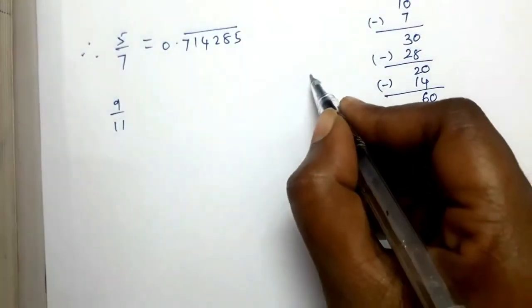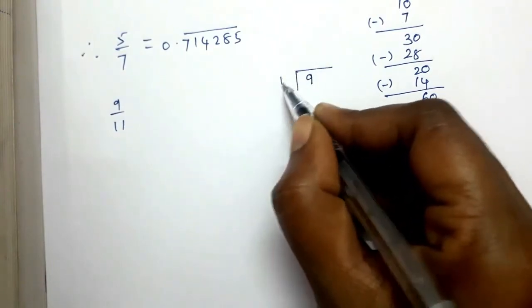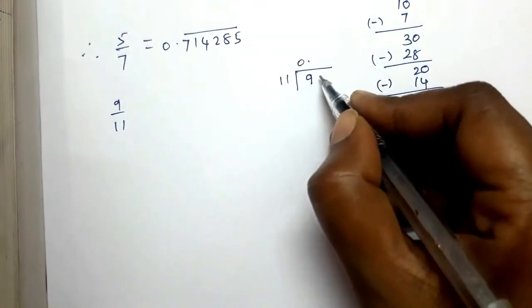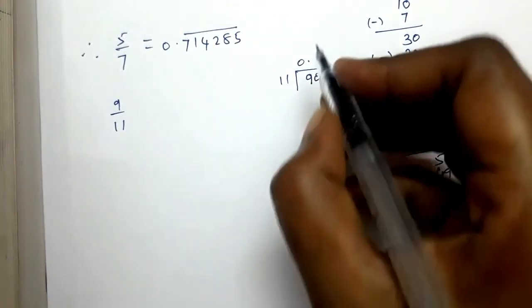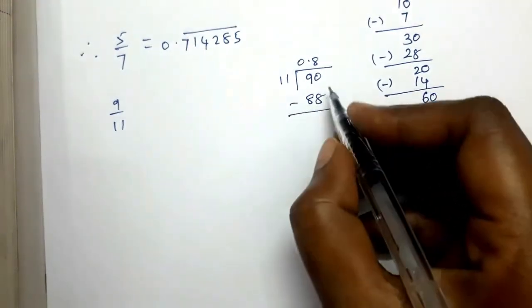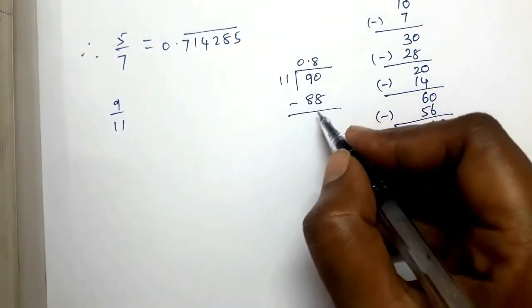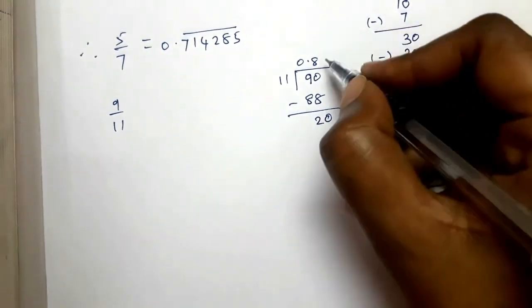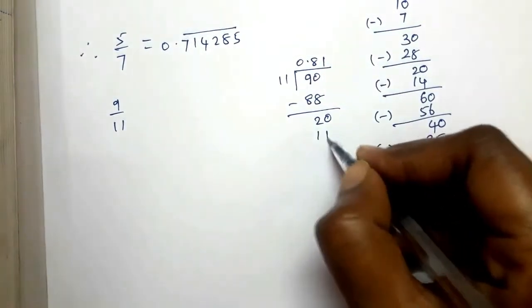Next, 9 by 11. Do the rough work here. 9 divide 11. Here 11 is not possible, so put a point and add 0. Now 90, 8 times is possible, 8 11s are 88. Do the subtraction. Remaining we should get 2. So add one more 0. Now 20, only one time is possible, 1 11 is 11.